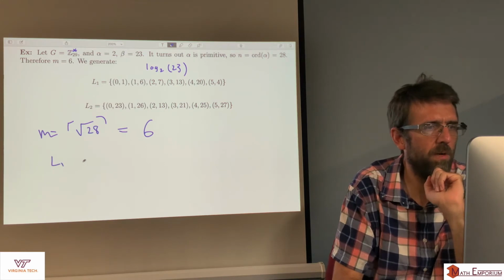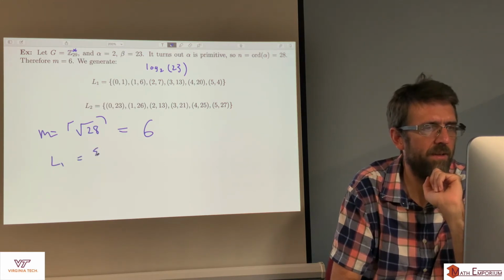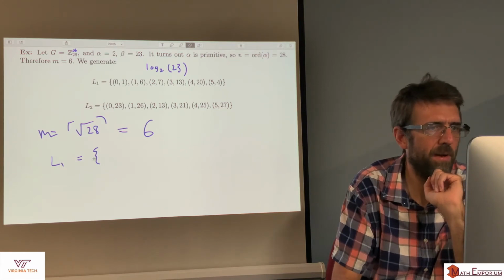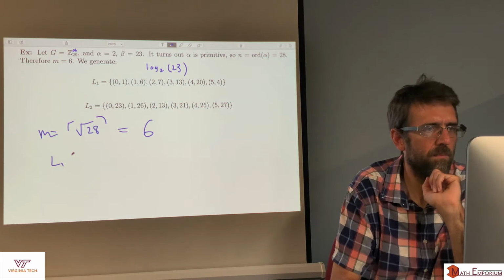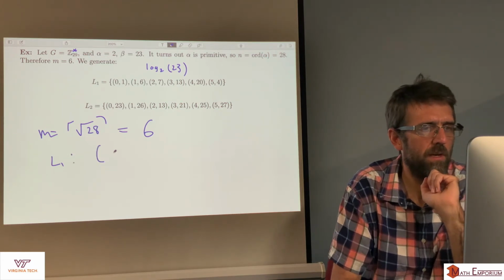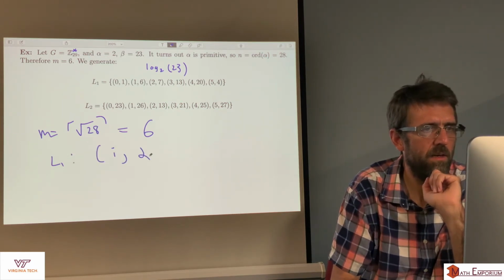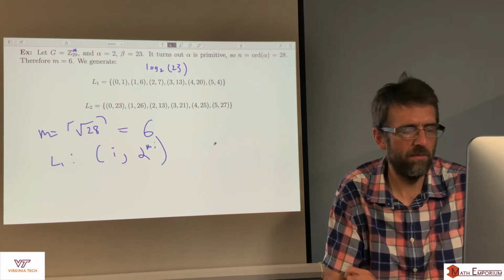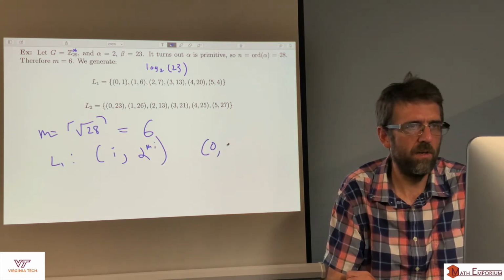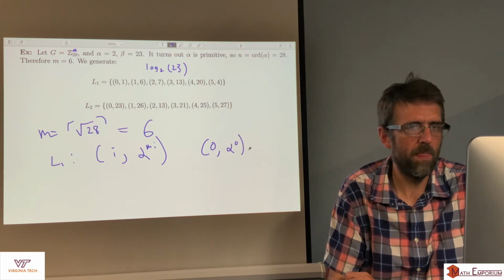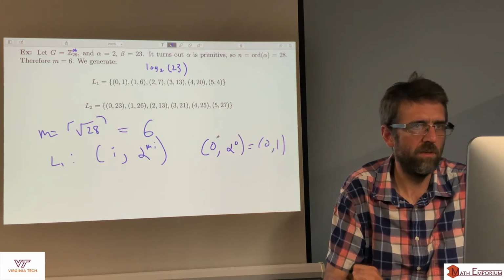To generate L1, remember, a typical element of L1 is going to be i, alpha to the mi. For example, I would get 0 comma alpha to the 0, which is just 0, 1.